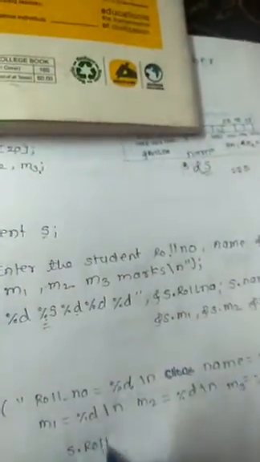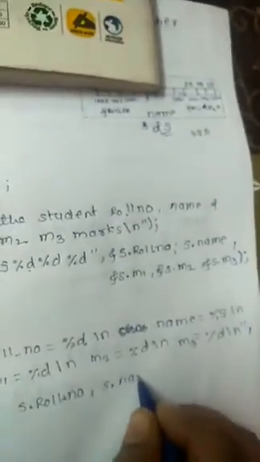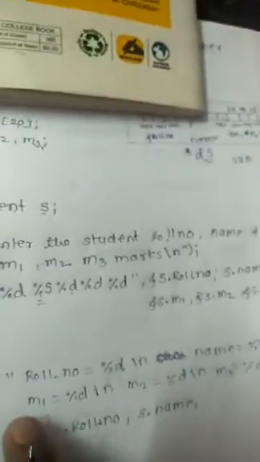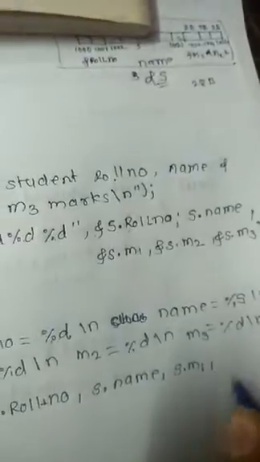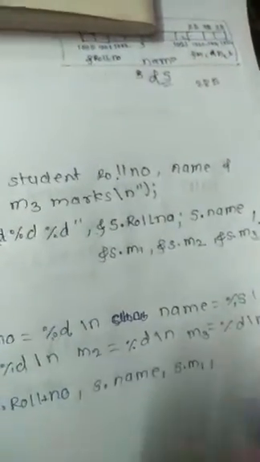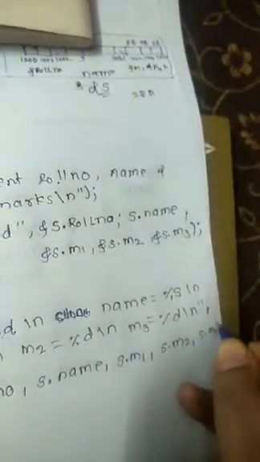So after this comma, for this %d you write S dot roll number, comma, this %s for the name, so S dot name, comma. For M1 is equal to %d, meaning M1 marks, who knows? S dot M1 knows this mark. For this %d, M2 marks, S dot M2 knows. Then M3, S dot M3 knows.